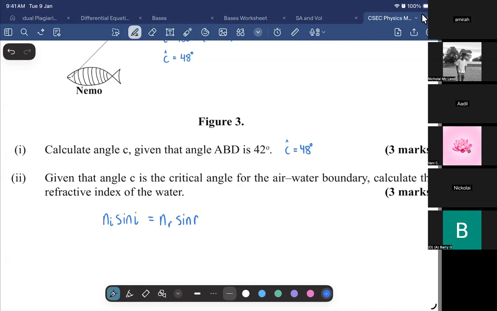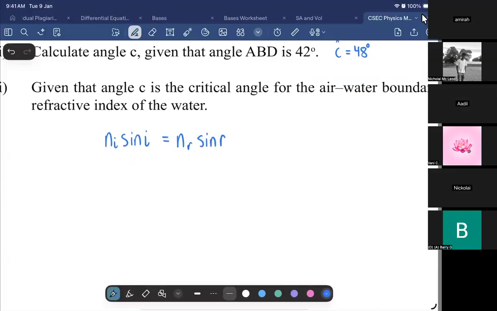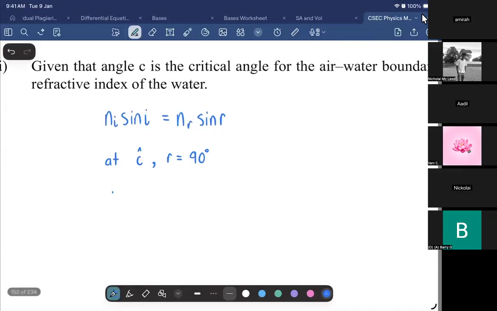All right. So at the critical angle, remind me, what is r supposed to be equal to? 90 degrees. Yeah, r is supposed to be 90 degrees. So let's plug that in and see how it starts to look.